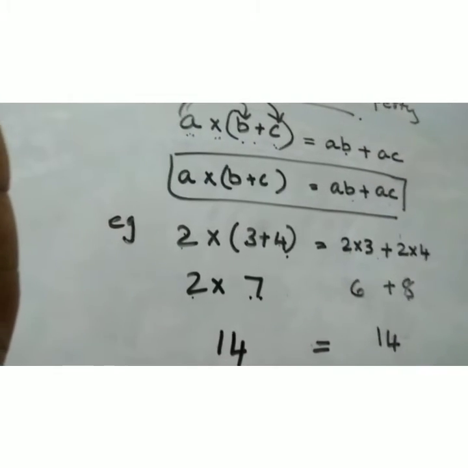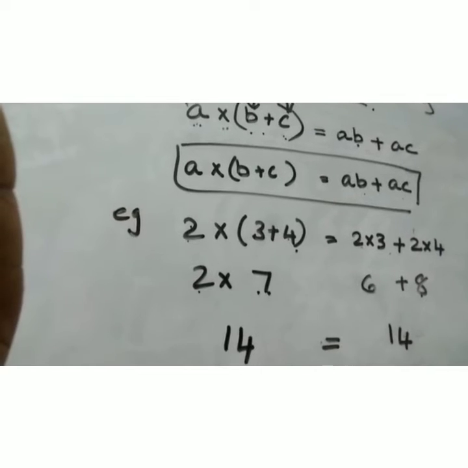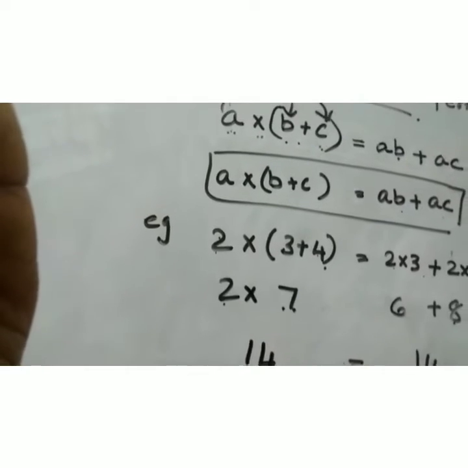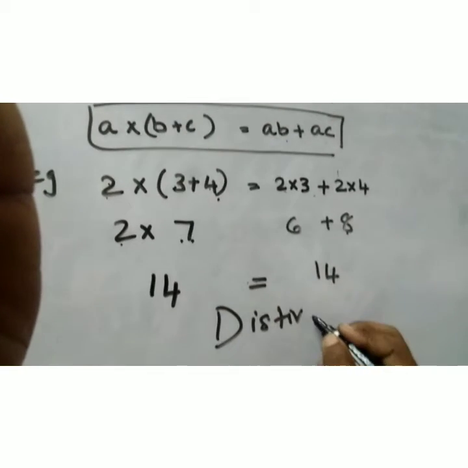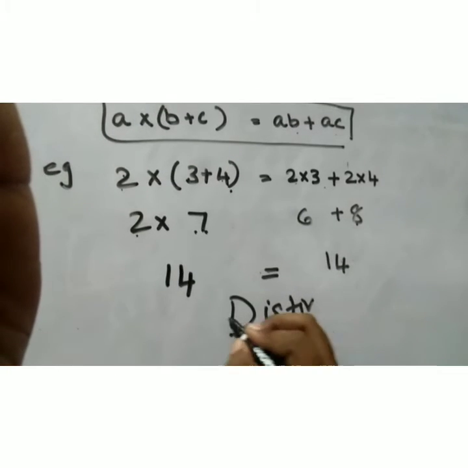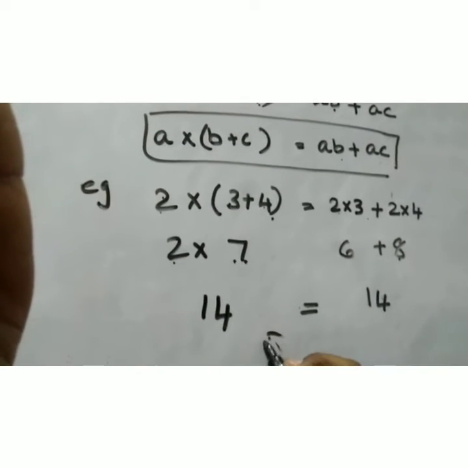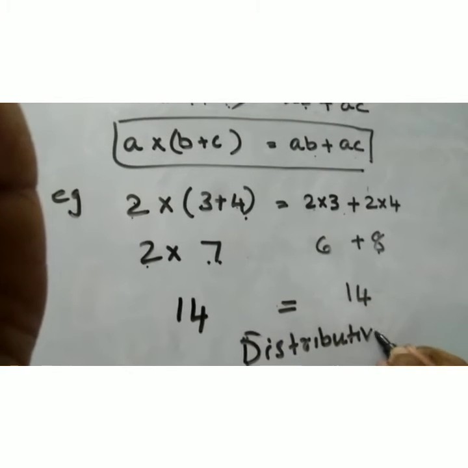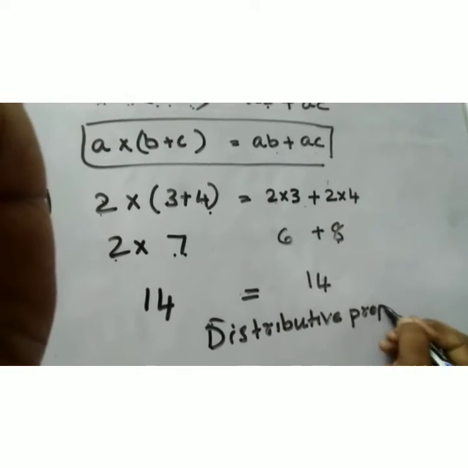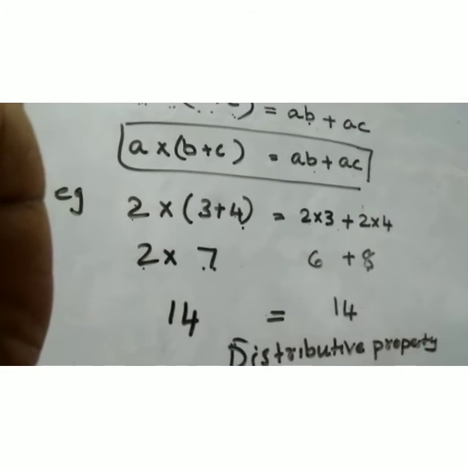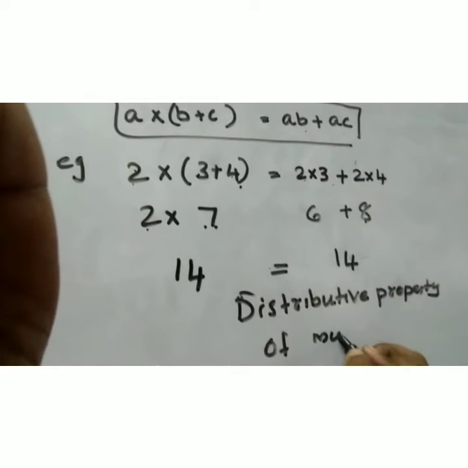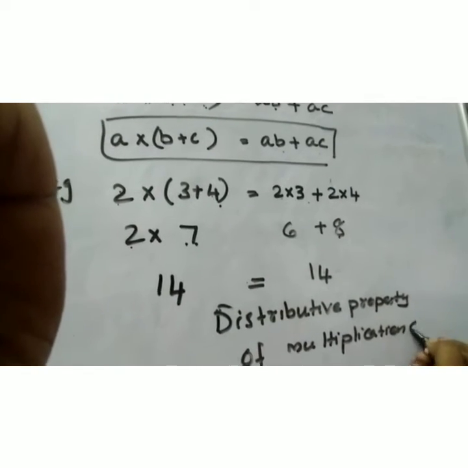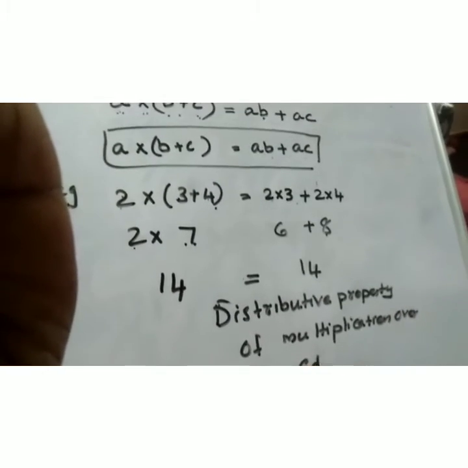This is known as distributive property. This is known as distributive property of multiplication over addition.